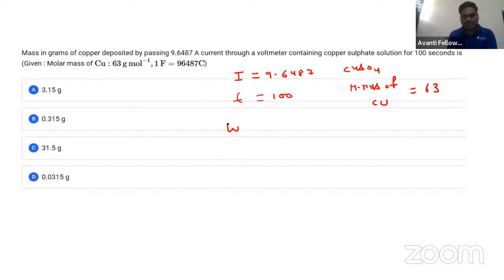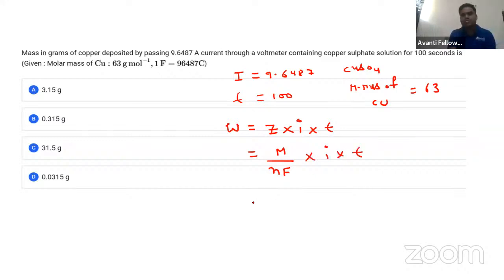We know the formula from the first law of Faraday, that is W equal to Z into I into T. And we already talked about how to calculate Z, that is molecular mass divided by NF.